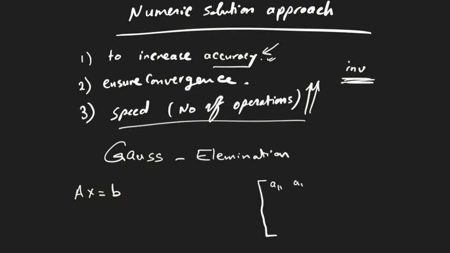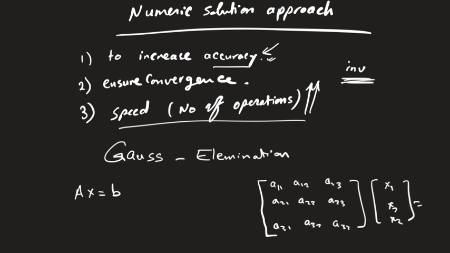So A11, A12, A13, A21, A22, A23, A31, A32, A33, multiplied by x1, x2, x3, is going to be equal to B1, B2, B3, for example, okay? When you use the inverse, you take this matrix, get the inverse of the matrix, and then multiply it by the other side with the vector, okay?